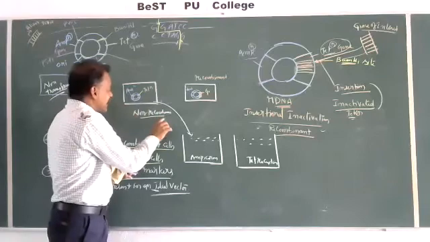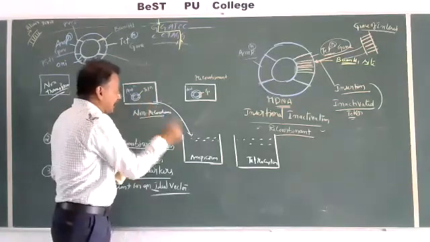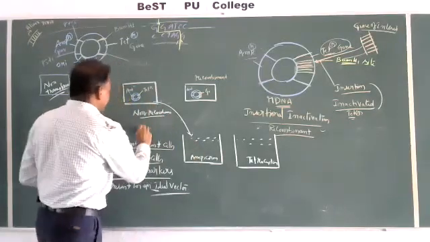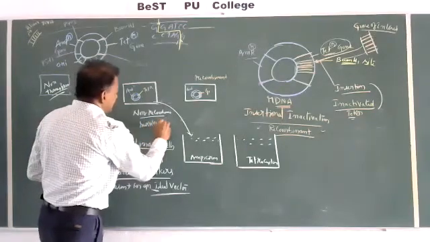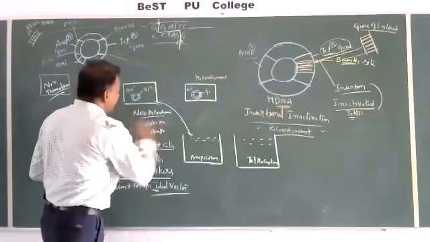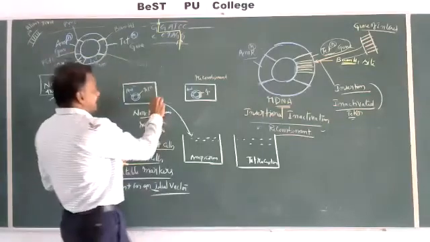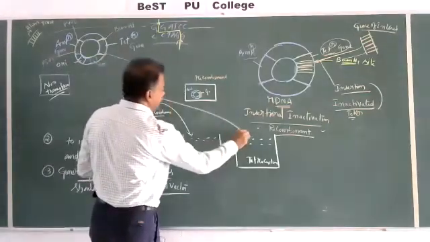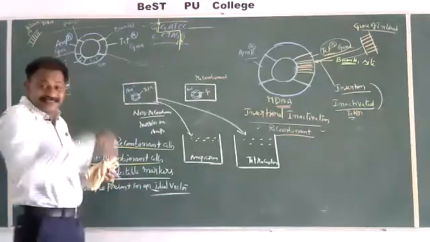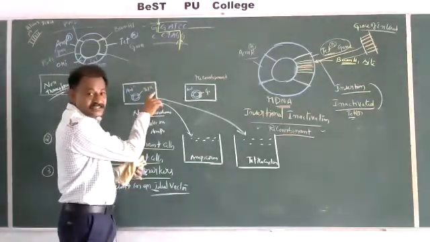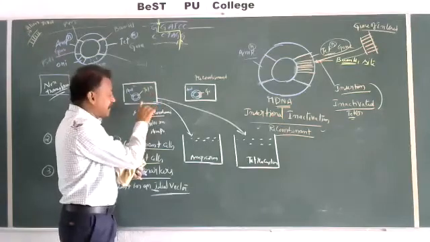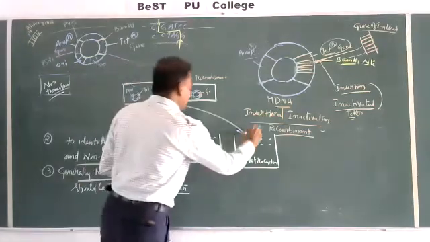Next, non-recombinants are able to survive in ampicillin, and again if we keep them in tetracycline, it is having the tetracycline resistant gene also. It is a non-recombinant, so it will survive here also.